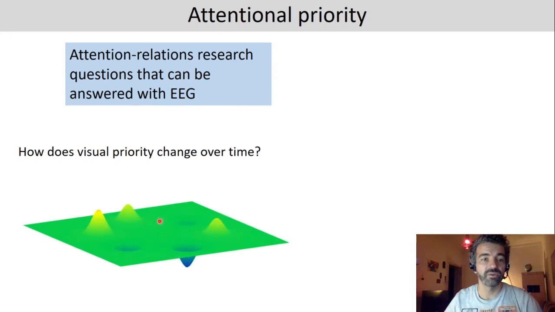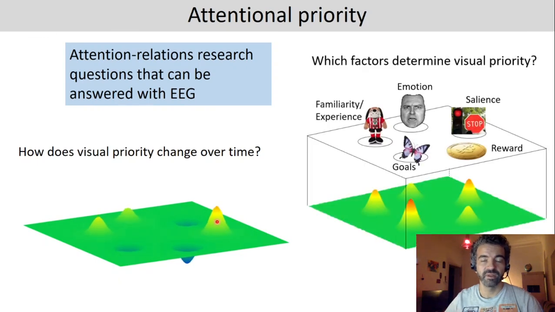And then we can use these ERP components to measure how much attention a certain stimulus gets at a specific time. We can also determine which factors determine visual priority. So which item wins the race for attentional selection? Is it something related to emotion, to physical salience, reward, current goals, or maybe something like familiarity?